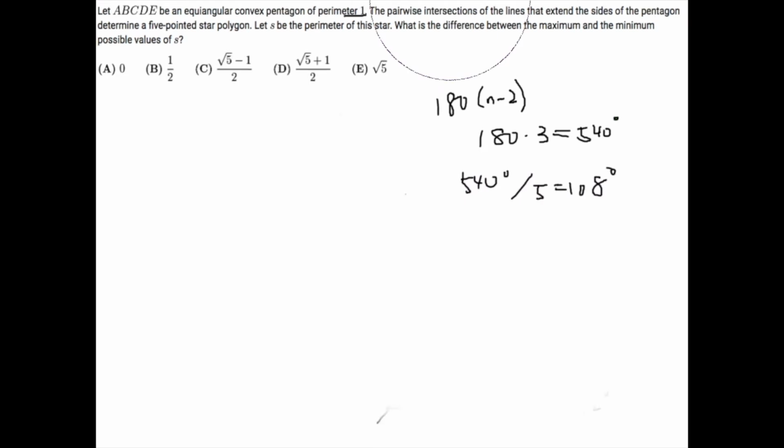Next, we can draw the diagram. The convex polygon ABCDE is going to look something like that. And each of the angles is going to be 108 degrees.